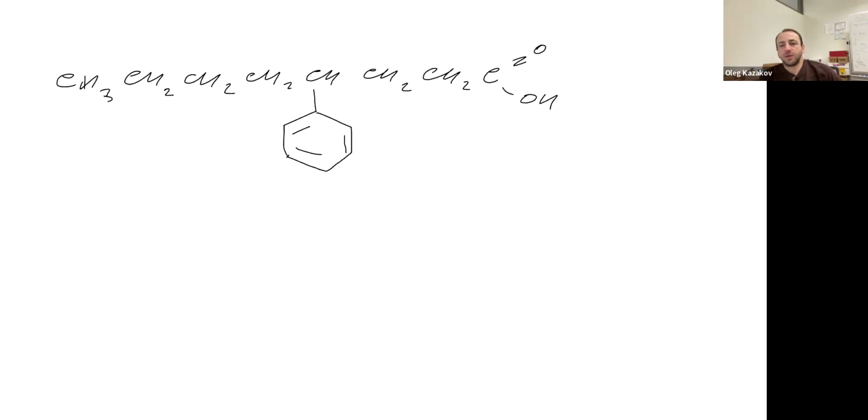Typically carboxylic acids will have the suffix -oic, right? So it's going to be something like propanoic or butanoic acid, for example. So here we have a much longer chain, and that's going to be our longest chain, it looks like. So it will contain 1, 2, 3, 4, 5, 6, 7, 8 carbons. So 8 carbons in the chain.